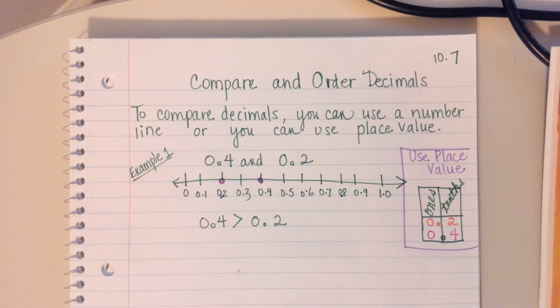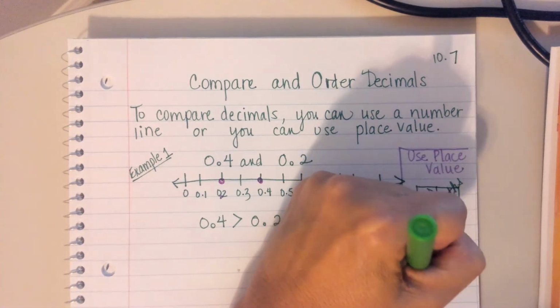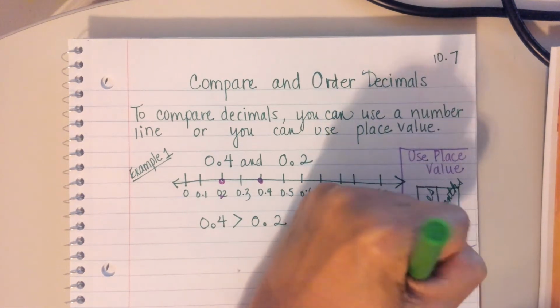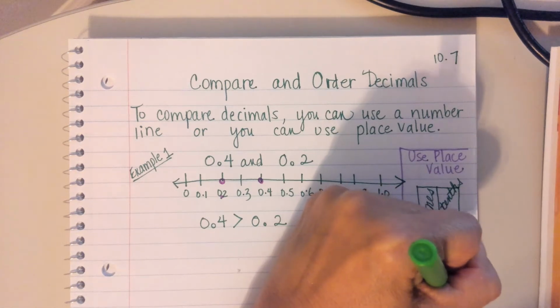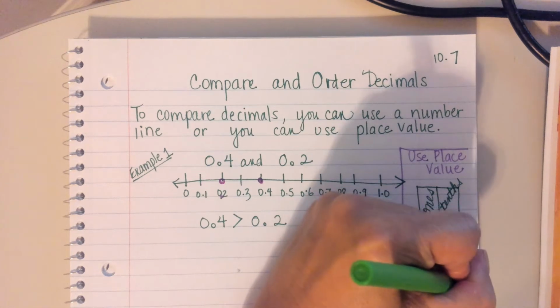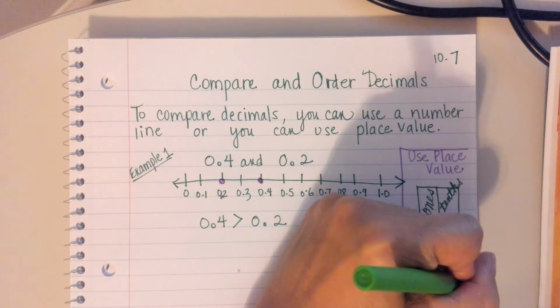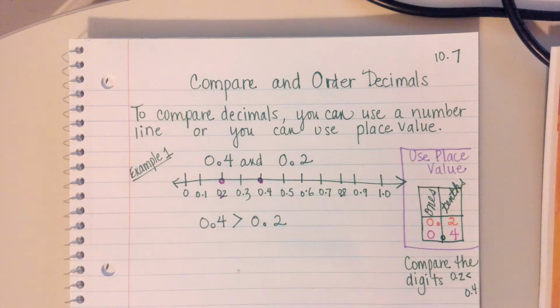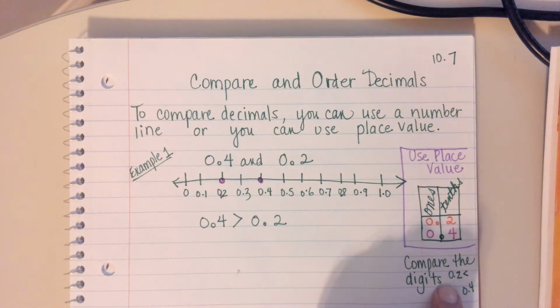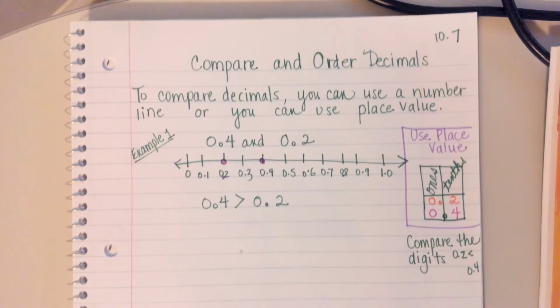So you basically compare the digits that are in the tenths place. And this again confirms that 2/10 is less than 4/10. It's the same thing. 4/10 is greater than 2/10. 2/10 is less than 4/10.